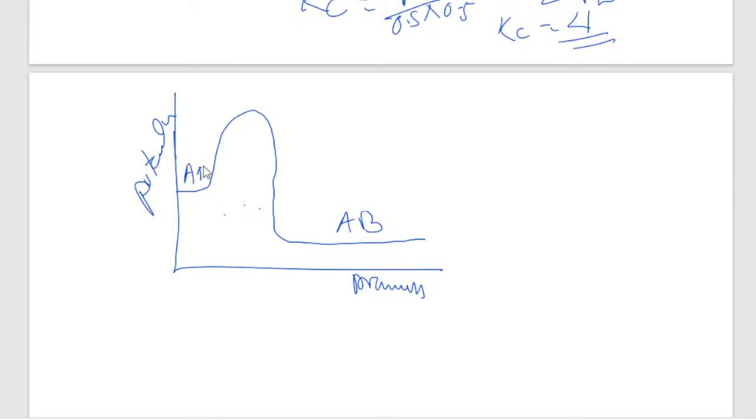Then it's gonna be A plus B, and this is gonna be activation energy, and this is gonna be the enthalpy change, and then this is gonna be activation energy. So basically the graph is gonna be like that, but it wants to show that it is an exothermic reaction. We go to the next question.